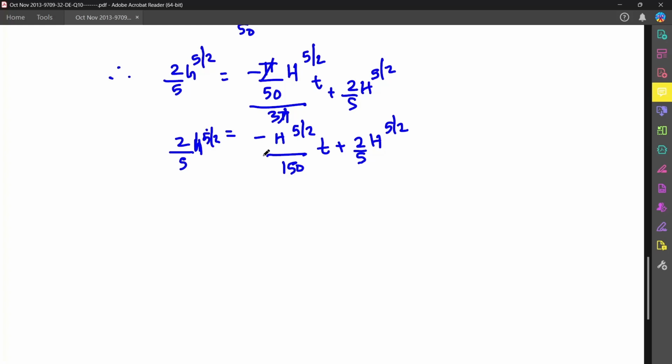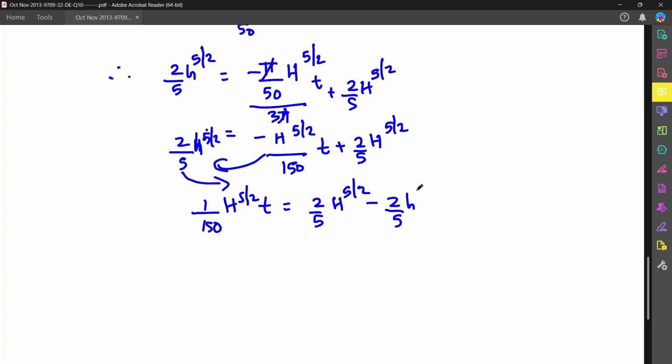Now looking for t, so get this term. You get 1 by 150 capital H to the power 5 by 2 t equal to 2 by 5 capital H to the power 5 by 2 minus, when you move this to the other side, 2/5 of small h to the power 5 by 2. Take out the 2/5 common. So you get capital H to the power 5 by 2 minus small h to the power 5 by 2, and this is equal to 1 by 150 capital H to the power 5 by 2 t.